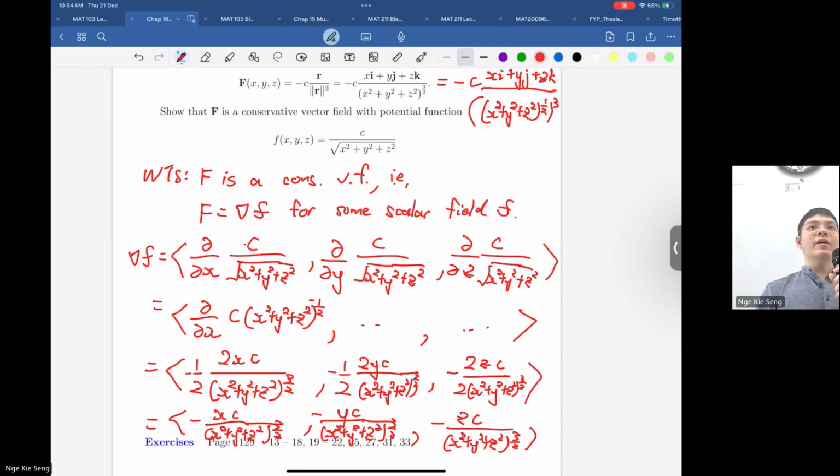Okay, later on we will have a lot of things involving this conservative vector field. Any question before we go to the next part? Later we'll involve integrals with this conservative vector field.